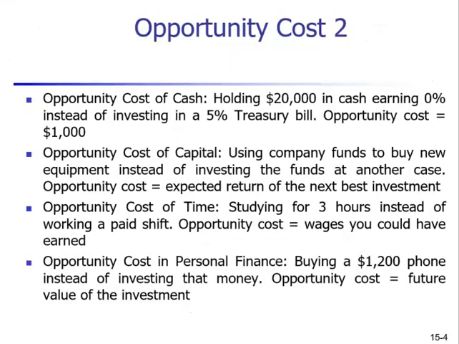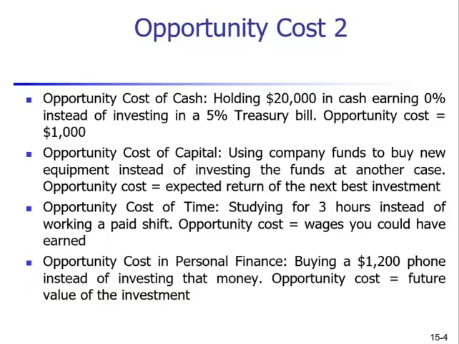with some examples that we have, and the examples are the technical ones here. The first one, opportunity cost of cash. You have $20,000, and you are putting this $20,000 in your checking account.